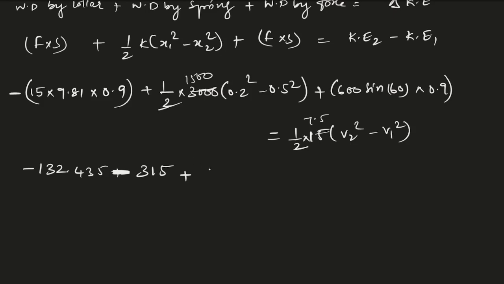This gives the value of 467.637. This is equal to 7.5 v2 square.